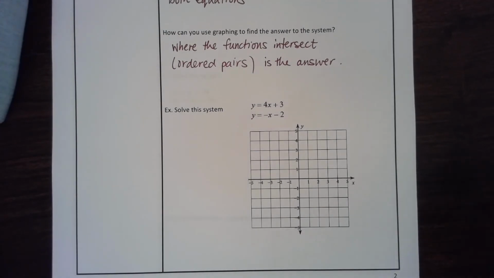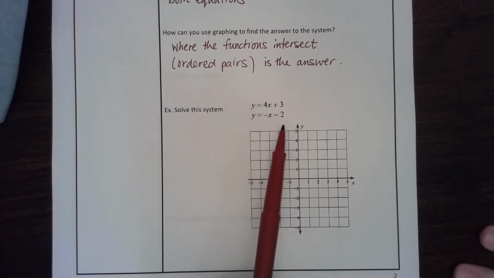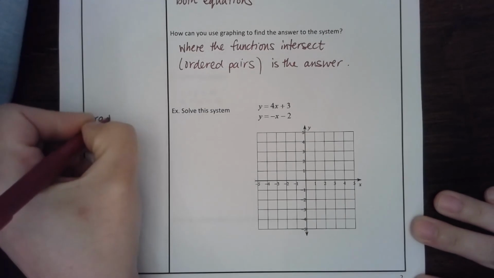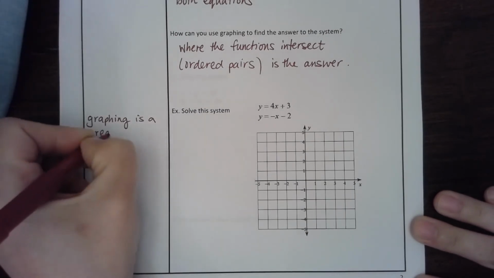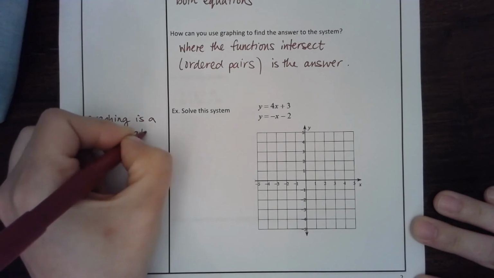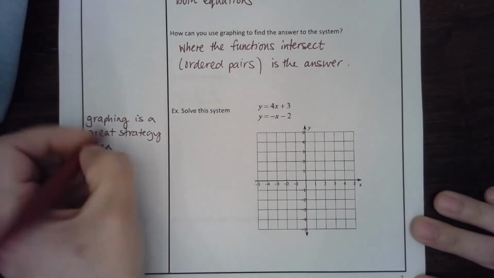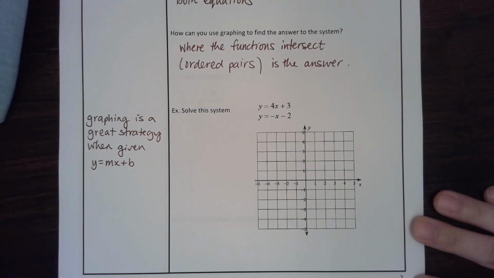So we want to solve this system. We've got two linear equations, and both of these are in y equals mx plus b form. So graphing is a great strategy when you're given y equals mx plus b form.